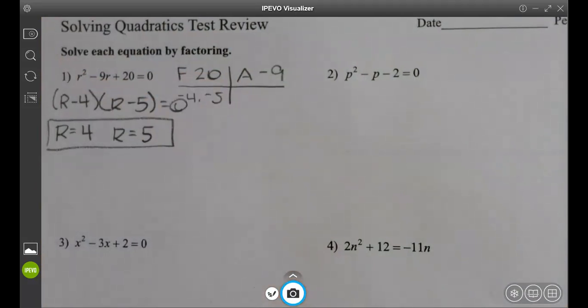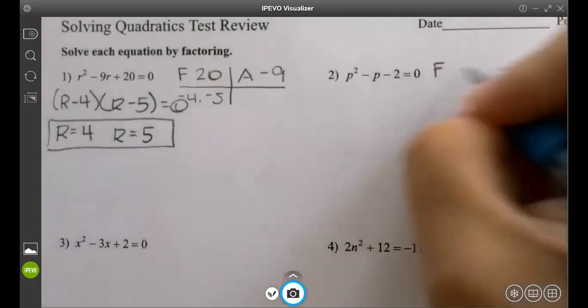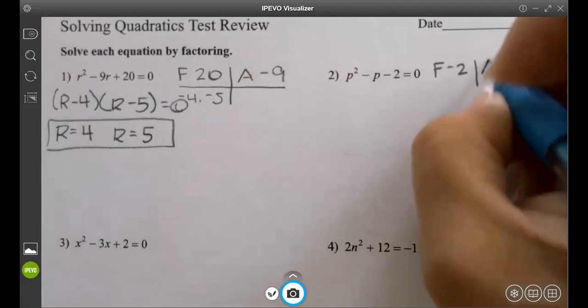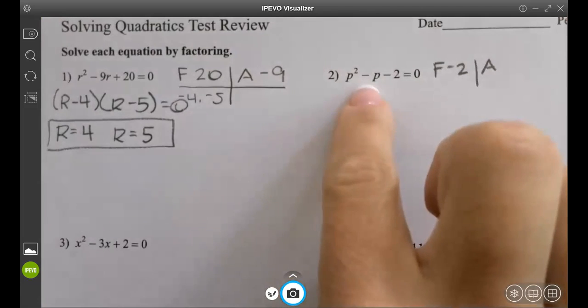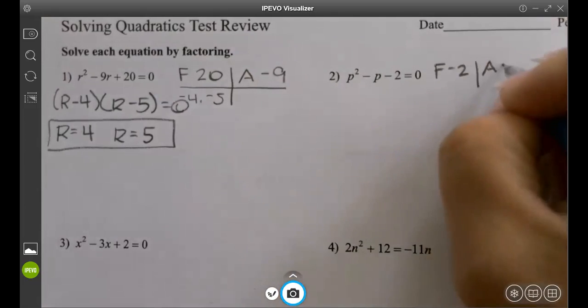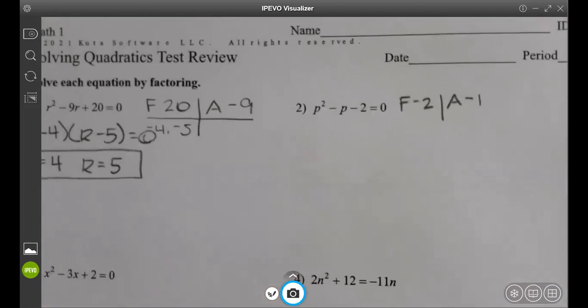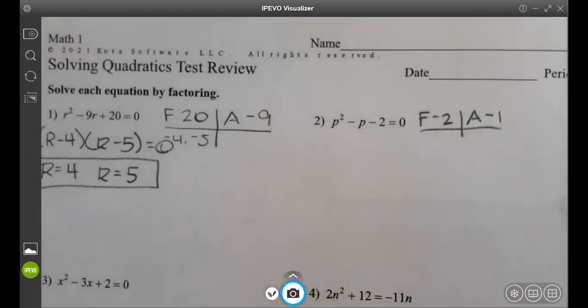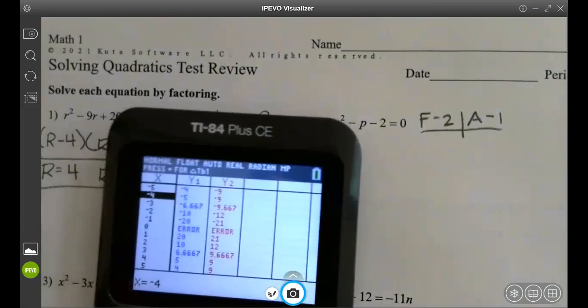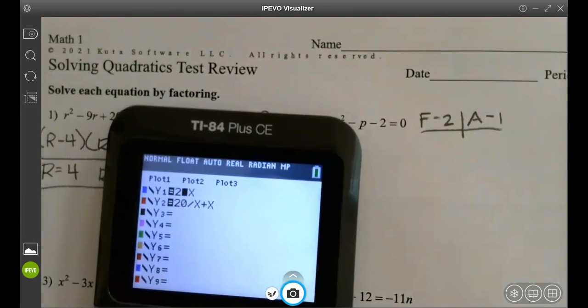Number 2 is the exact same way. It's already equal to 0. Remember, we want it equal to 0. These are good to go. We need factors of the last, so factors of -2 that add to, and remember, use that sign, negative, and there's no number, so it's a 1, -1. We're going to use our calculator.